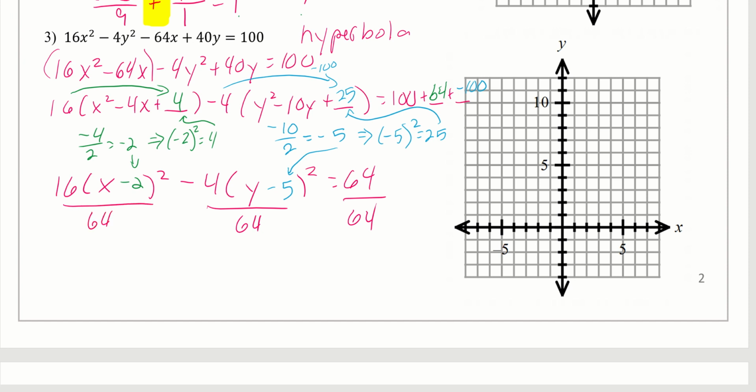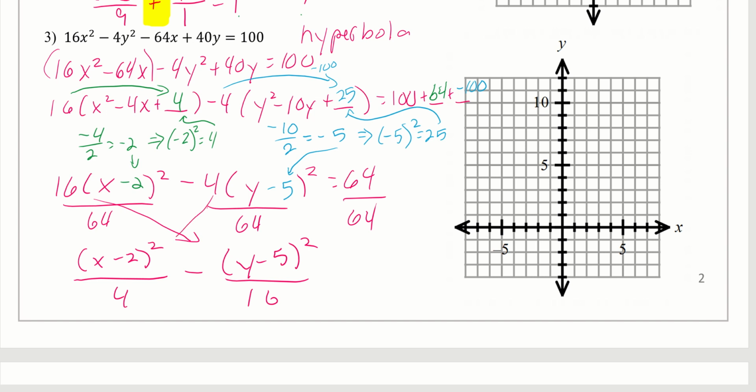Divide everything by 64. So I end up with x minus 2 squared over 4 minus y minus 5 squared over 16. Pay attention to these numbers right here as we do these problems. And that is equal to 1.